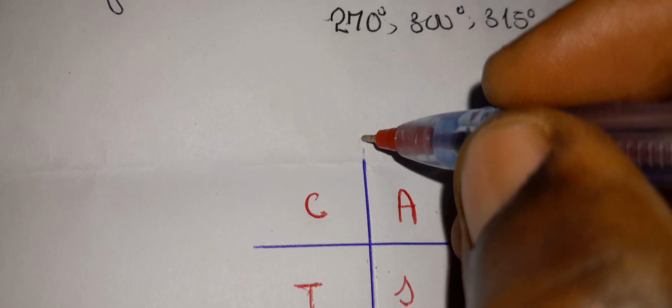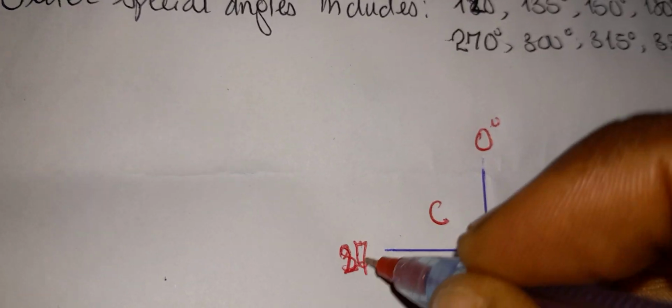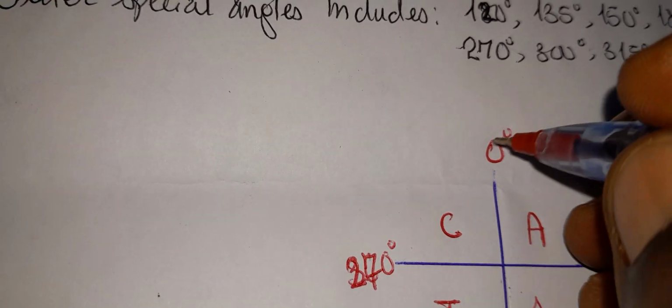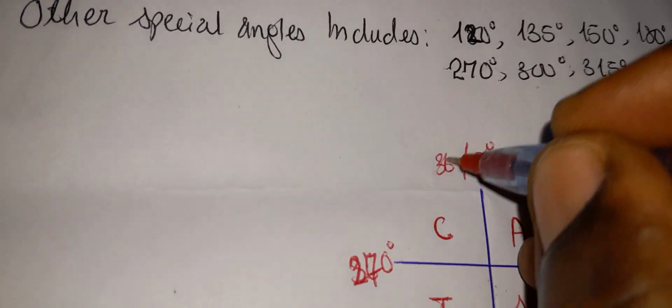So at this point I'm going to put 0 degrees here. I'll put 90. Put 180. I'll put 270 degree, and then I put 360 degree.